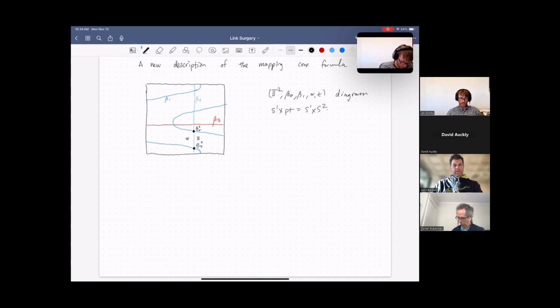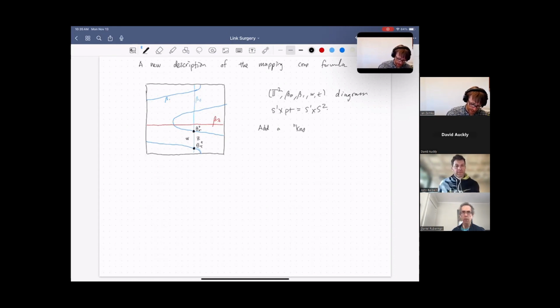It turns out that to write down this exact triangle, I need a little bit of extra information. I need to add a knot shadow here.